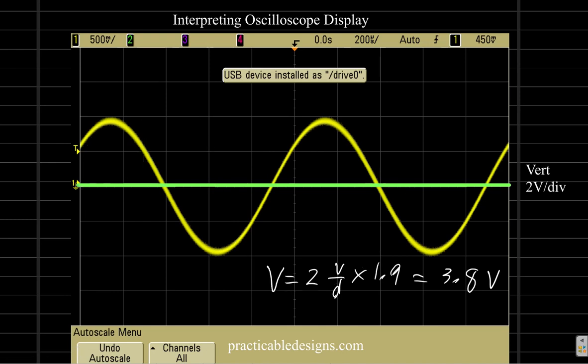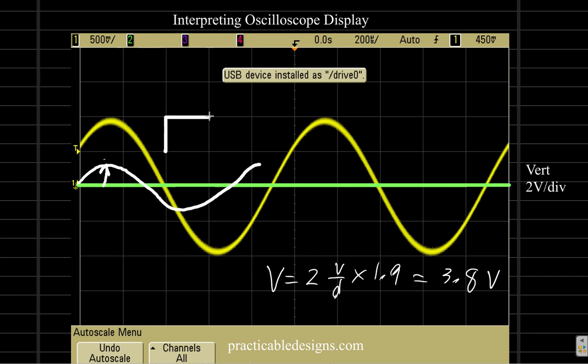If the wave was like this, and you estimate that the wave went up halfway the height of one of these square boxes. Remember, we have the square boxes here. Let me redraw it. These are the square boxes.